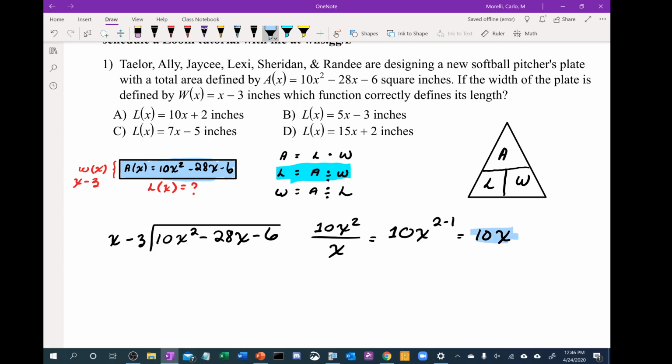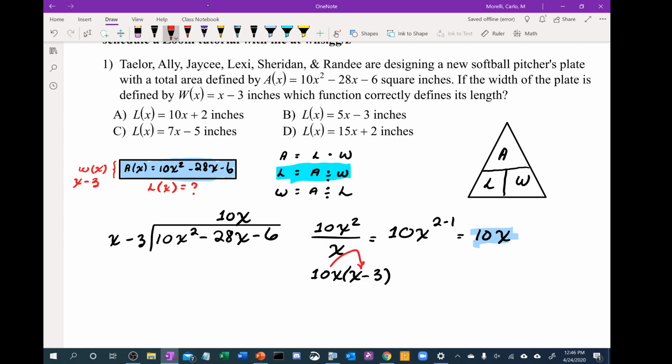This is the first term of your quotient, and that gets written above the matching term of the dividend. So you'd put it right here, 10x. Now you multiply the first term of the quotient by the entire divisor in side work. So that's 10x, open parentheses, x minus 3, close parentheses.